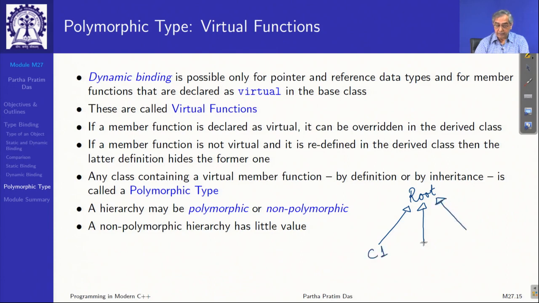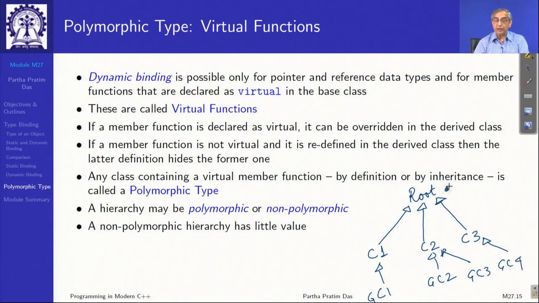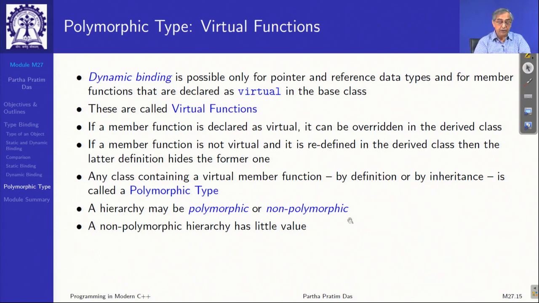So, this is child 1, this is child 2, this is child 3 classes, this is grandchild 1, this is grandchild 2, this is grandchild 3, this is grandchild 4 and so on. Now, if I have one or more virtual functions here, those will all be available all through this hierarchy. So, that is the meaning of a polymorphic type or a polymorphic hierarchy, which will be the mainstay of object oriented design for C++.